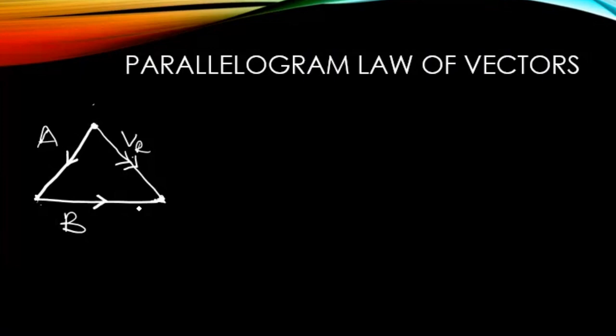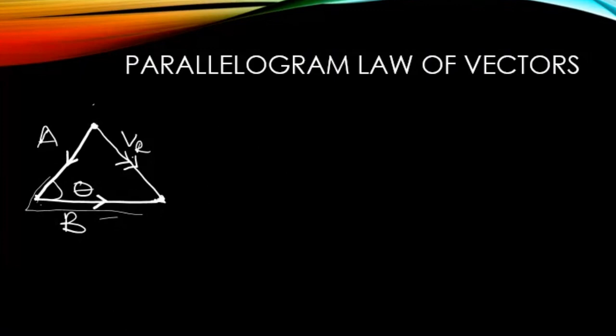Now, coming to the parallelogram law of vectors, we see that for the triangle law of vectors, the two vectors are inclined and they are in the same order. They are moving from here to here. But in the parallelogram law of vectors, it won't be seen like that.